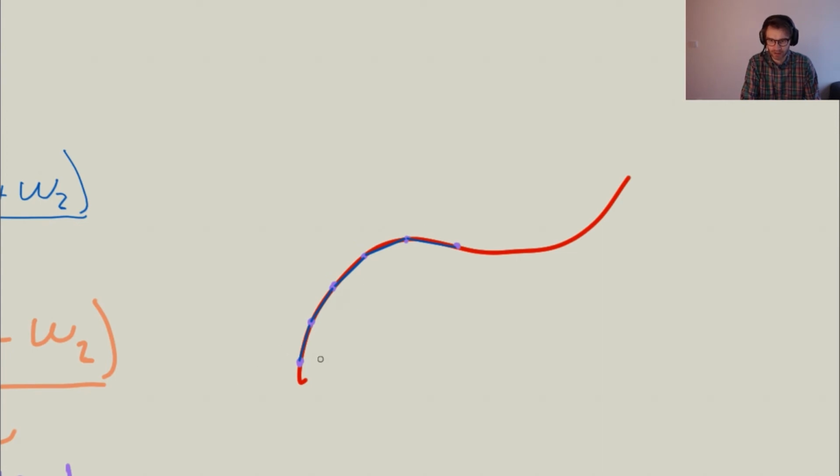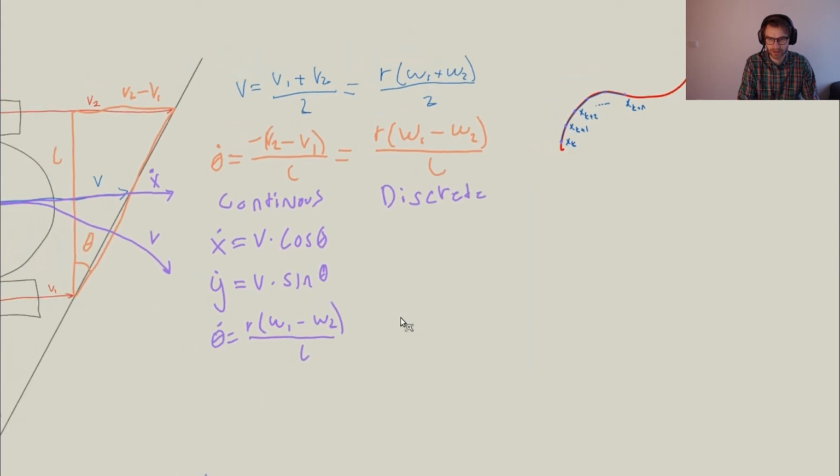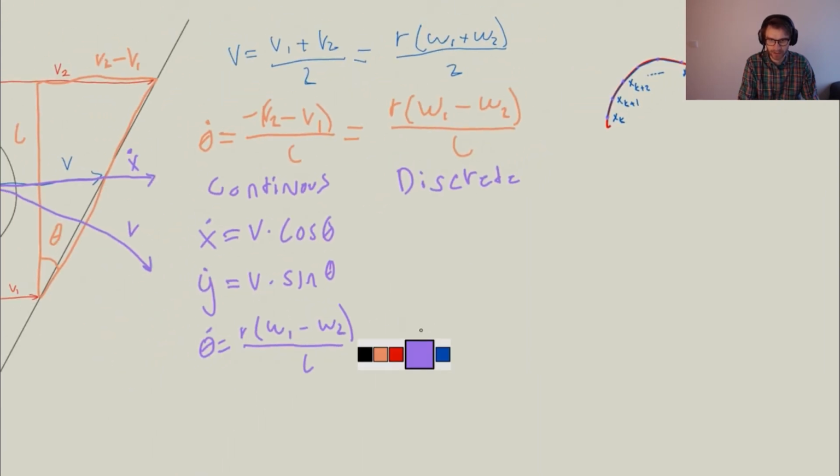So I'm going to call this first spot over here xk, and the next one is xk plus 1, so plus 1 time step, then xk plus 2, and so on until xk plus n, as many steps as you have. Okay, now we can go back and think about these formulas over here. Let's change the color and make this pen a little bit bigger.